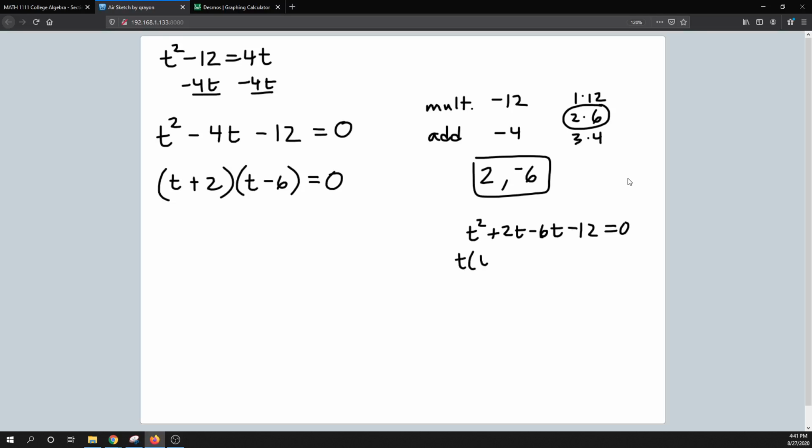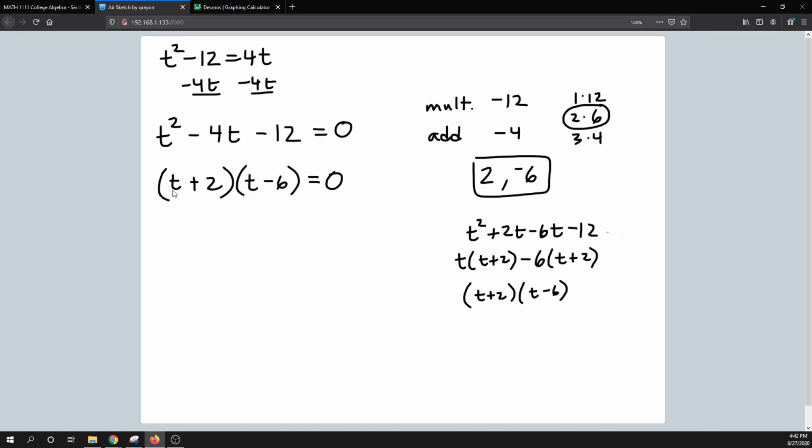Then you would factor those numbers out in the factoring by grouping, and then you would pull the t plus 2 out. You can see that it works out exactly the same if you do it the longer way. Some people always like to do it this way. They just want to know the one way to do it, and so they always do it the long way. That's perfectly fine, but there's a little bit of a shortcut for it.